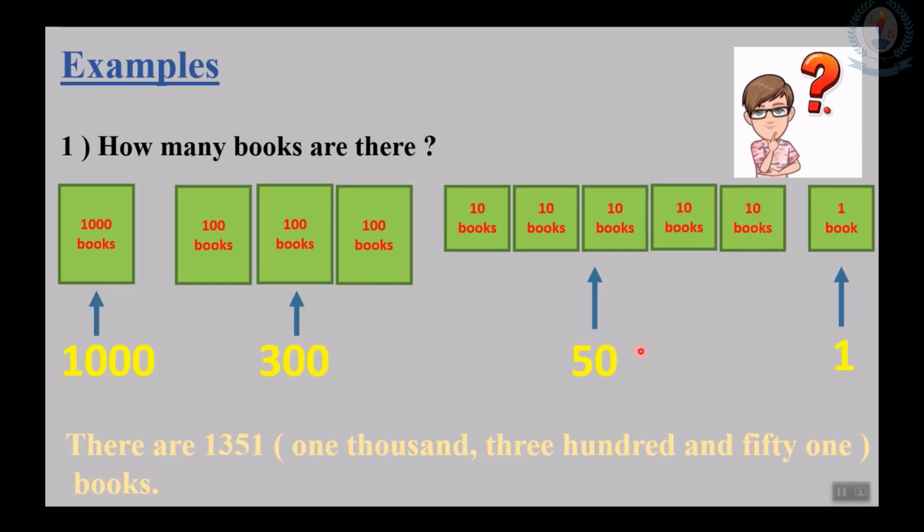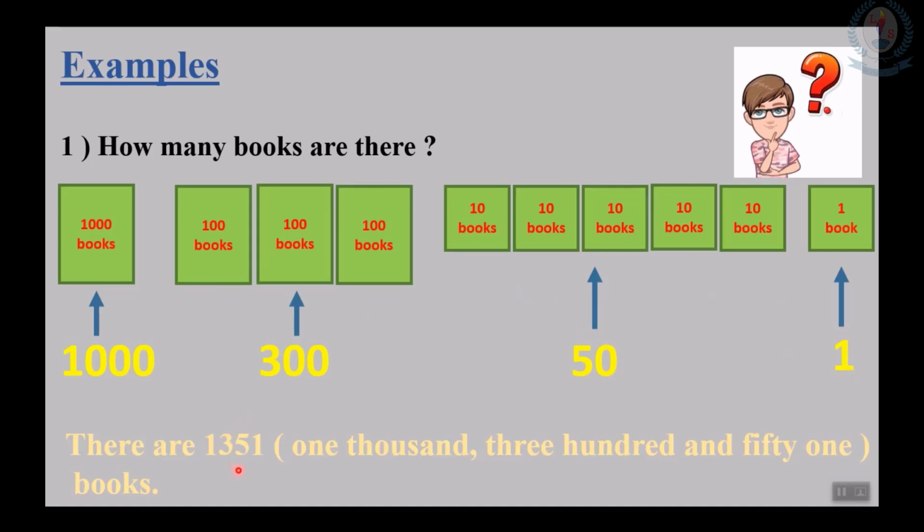That means altogether how many books are there? 10, 20, 30, 40, 50. 50 books are there. Then in here another one book is there. Then to find the total books, we have to add all these values. 1000 plus 300, then 51.